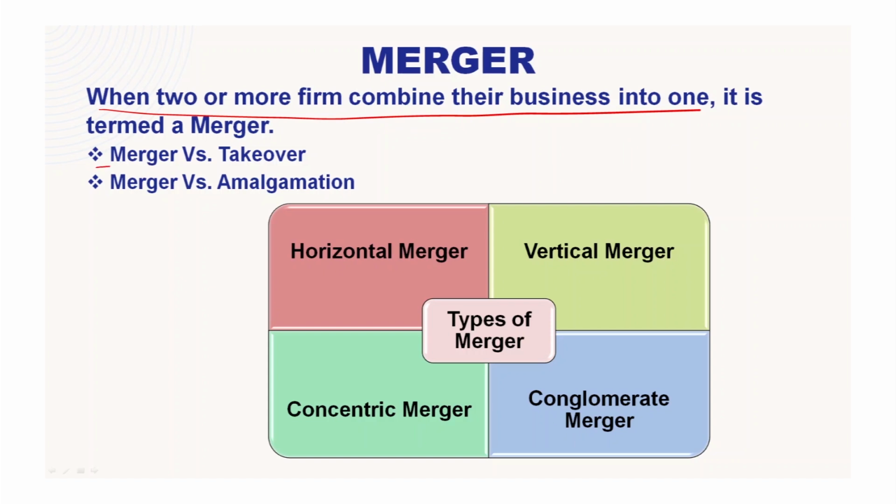Before that, let us try to understand the differences between merger and takeover, and merger and amalgamation. Merger could be like you are purchasing or taking the shares of the other companies in the open market. So, merger is a voluntary process where two companies decide to become one.